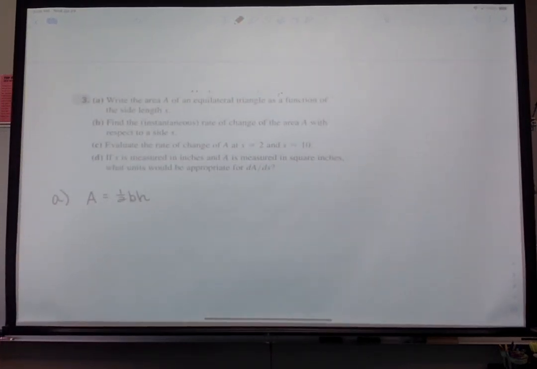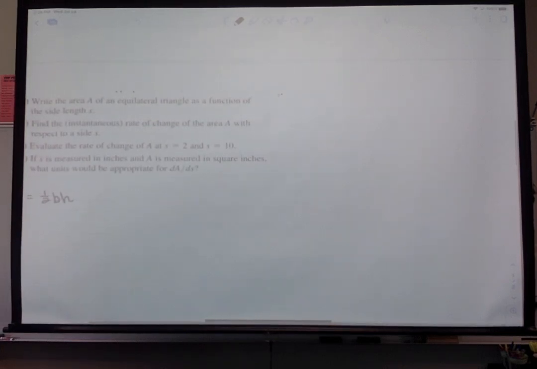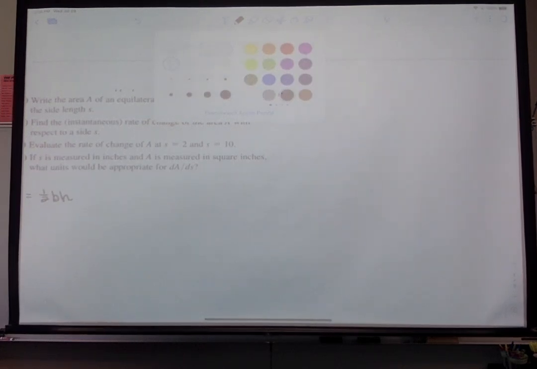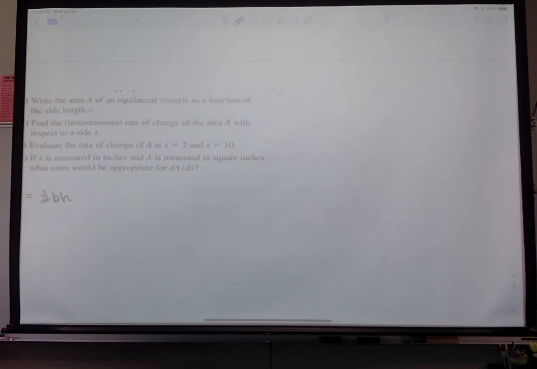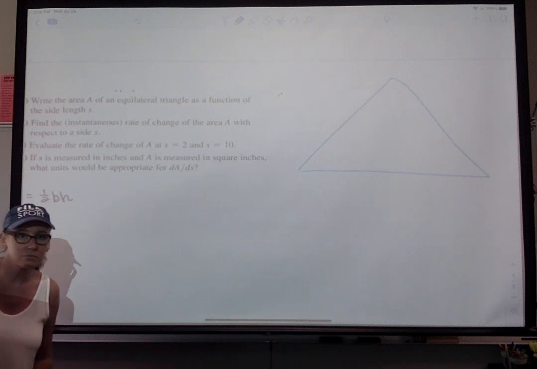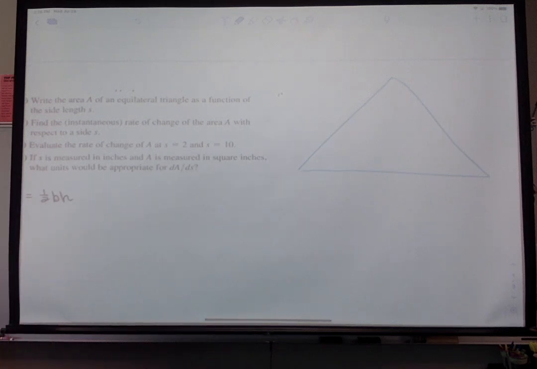So I think what I'm going to do is come over here and draw an equilateral triangle as best as I can. That's not too bad. Hope you can see that. I can call its side length s.